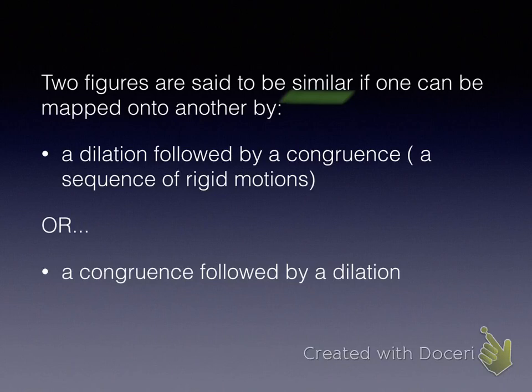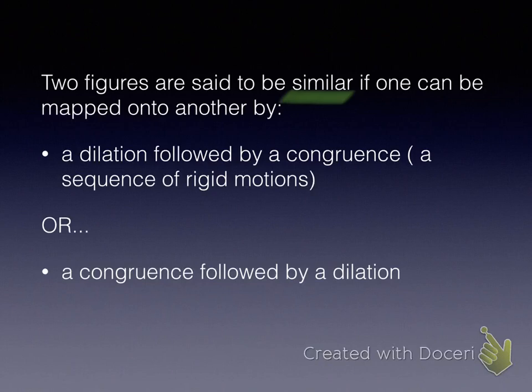So in our example that we just gave, the ice cream cone looking shapes were in proportion, but a dilation alone wouldn't map them onto one another. So a dilation alone isn't always sufficient to show similarity, but a dilation followed by a congruence, as long as the figures are mapped onto one another, will show similarity.